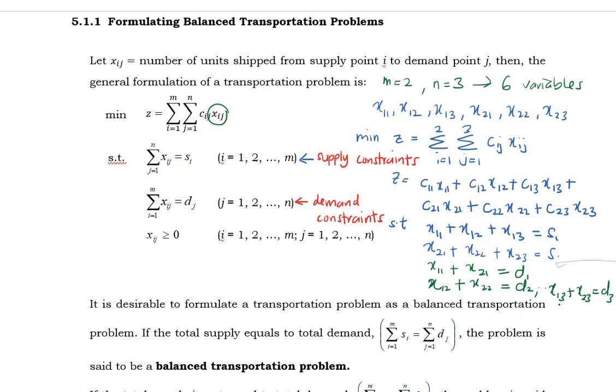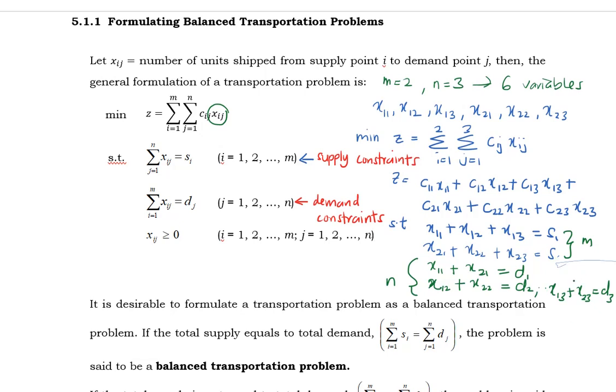The number of constraints is given by m plus n. So we have 5 constraints.